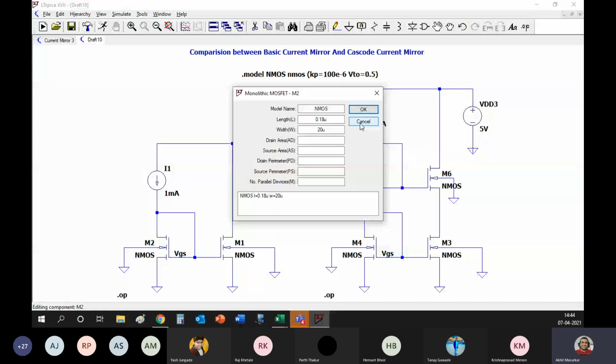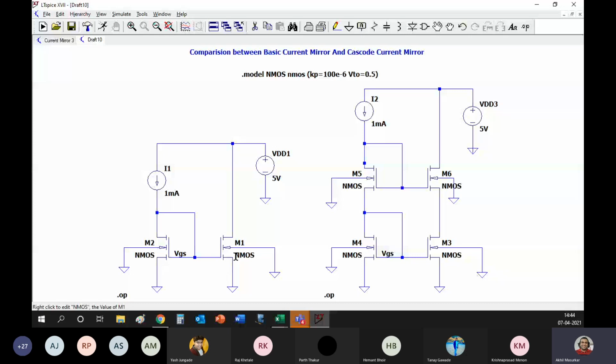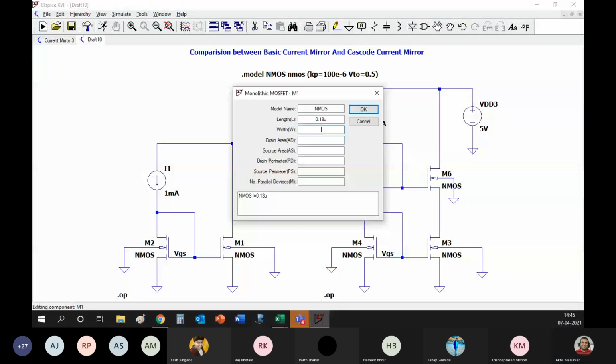So for all transistors, M1, M2, M3, M4, everything should be 20 upon 0.18. Do not forget that mu there. It doesn't matter, everything is in micro units in this.